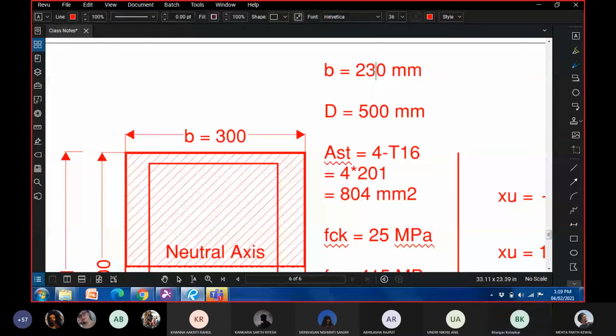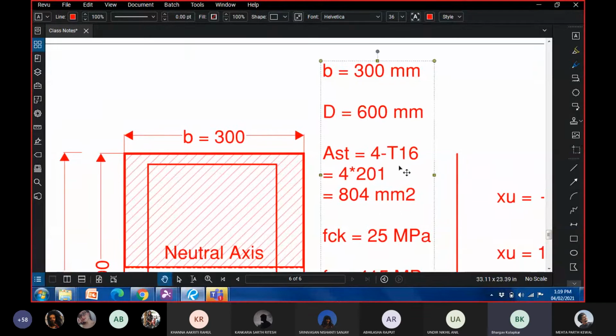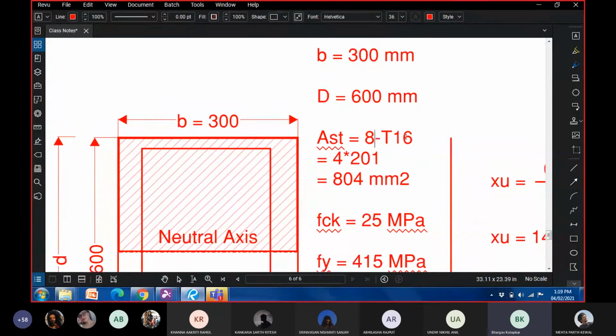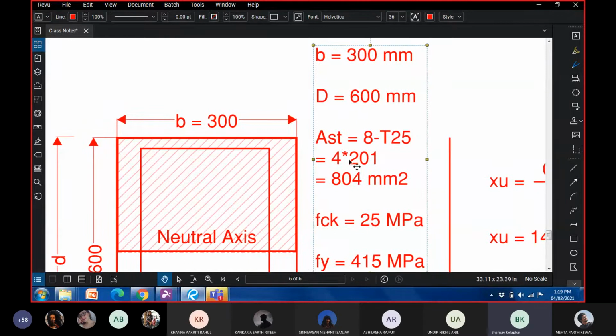then just write down all the given data. Width is 300, depth is 600, Ast is 8 bars of 25. Now the area of one 25 mm bar, which is pi by 4 into 25 square, is approximately 490, and therefore 8 times 491 is approximately 3920.